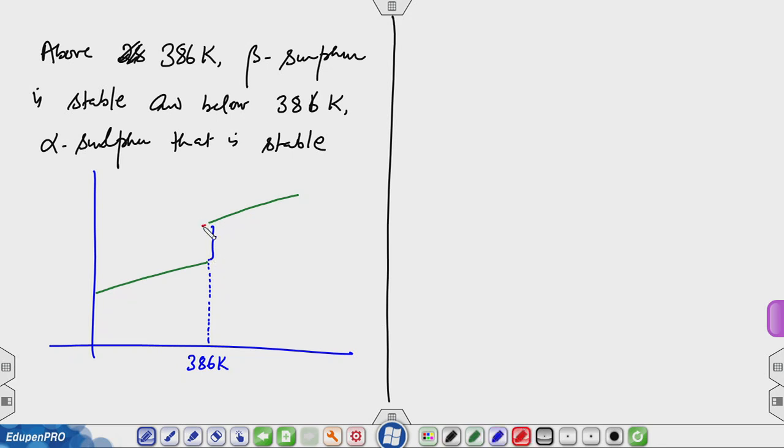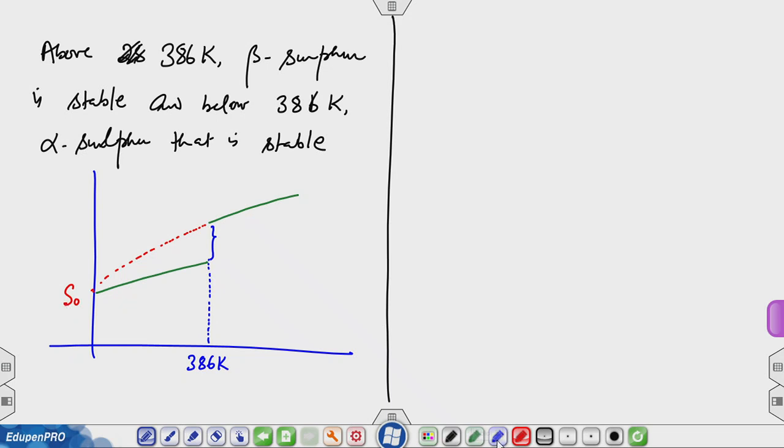You can suppose they start from the same point, some point where the entropy is S0, then I can calculate the entropy change and find out if S naught is common or not.